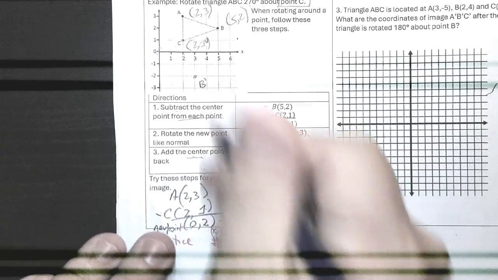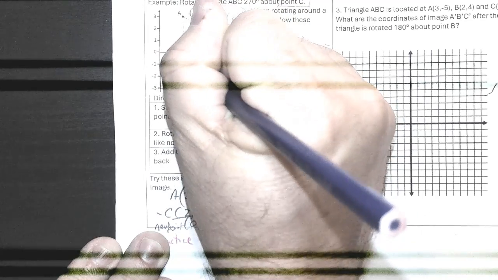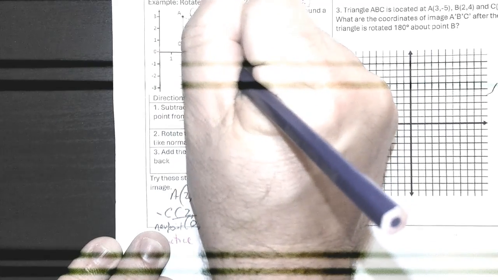So now we're going to connect the dots. Remember, I said C doesn't move because we're rotating about that point. So we connect these dots, connect these, and then we're going to color it in.